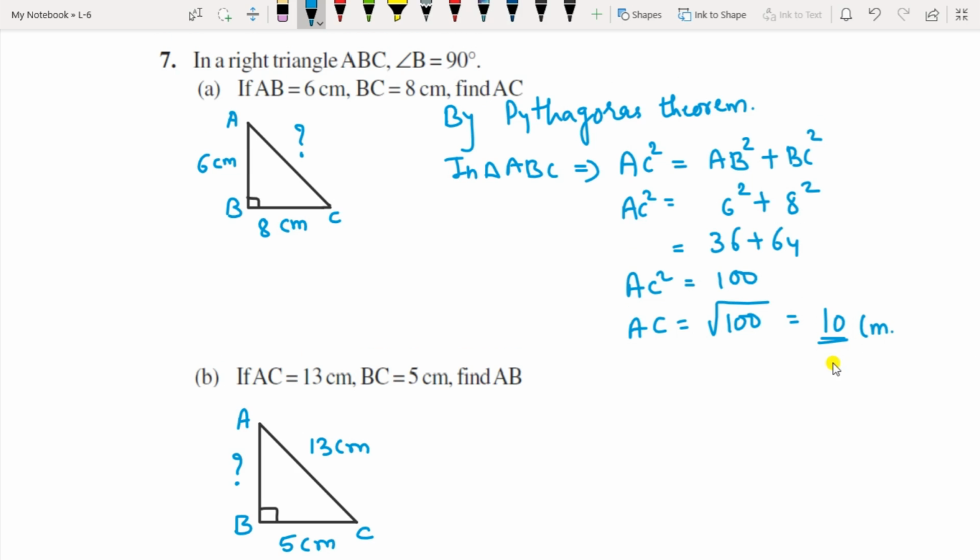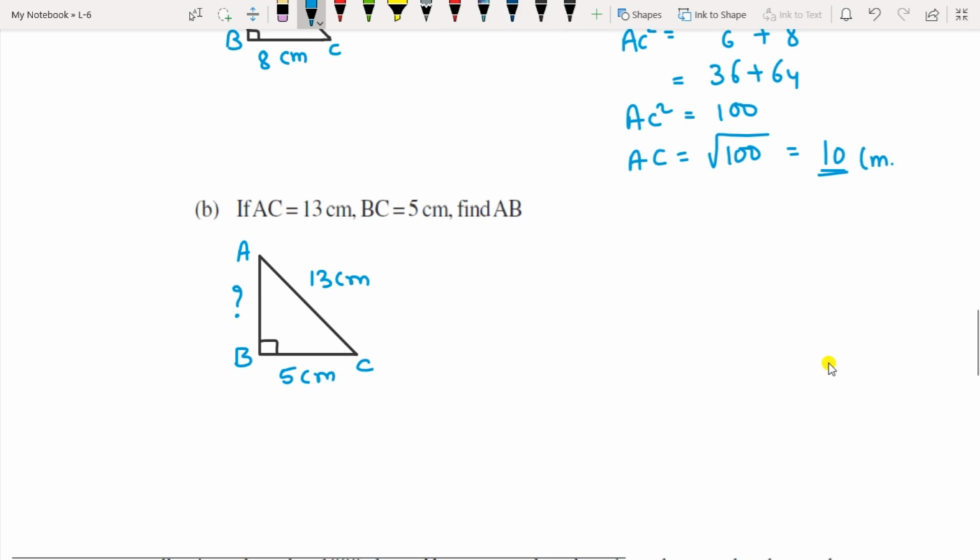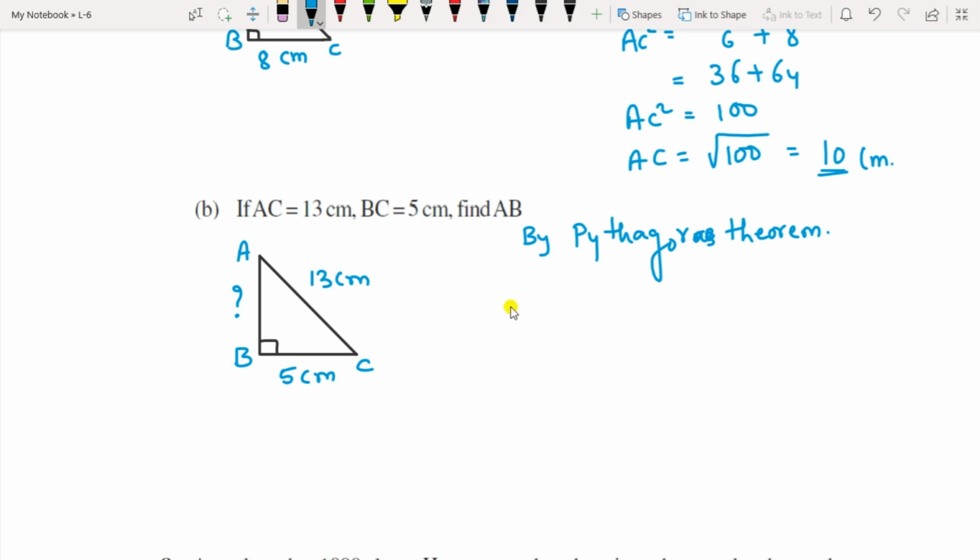Similarly for B part, we can do it here. So that is by Pythagoras theorem. By Pythagoras theorem, here in triangle ABC, you can see AC square equal to AB square plus BC square.